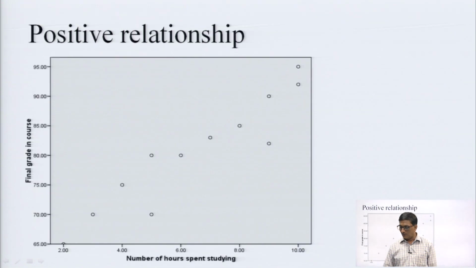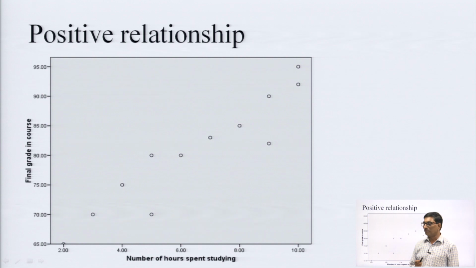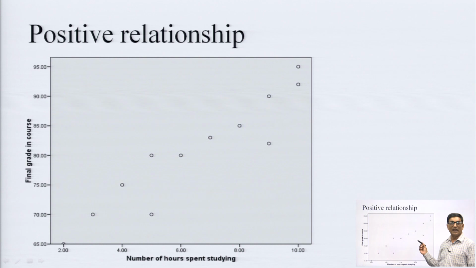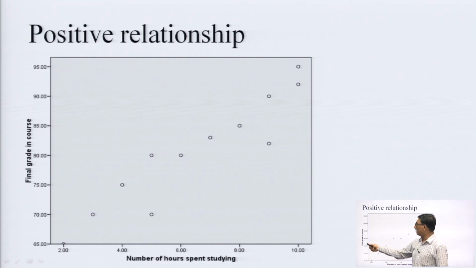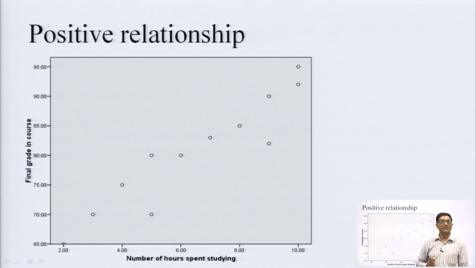For example, for positive relationship, this is a scatter diagram for students showing the number of hours studying and the final grade in the course. This is an example in which we have the study hours of some students and the final grade achieved by these students.